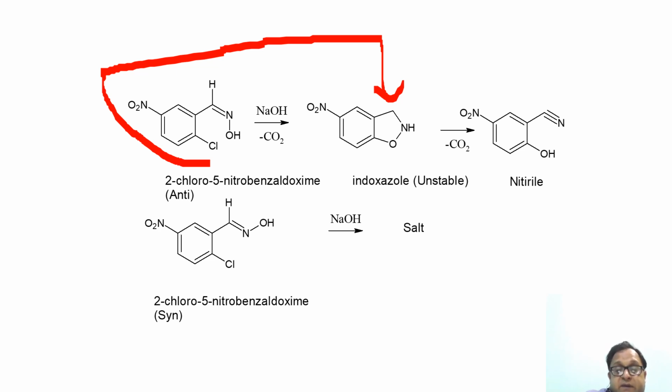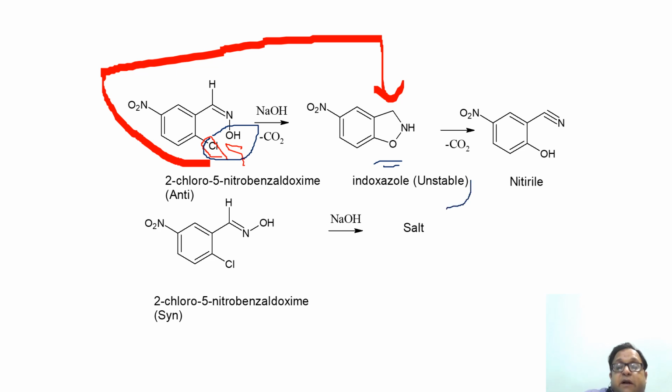In this example, the anti isomer is converted into a cyclic derivative. Why is it taking place? Due to its configuration, chlorine is in the vicinity of this hydroxyl group and this part can be eliminated easily and it changes into the cyclic derivative.